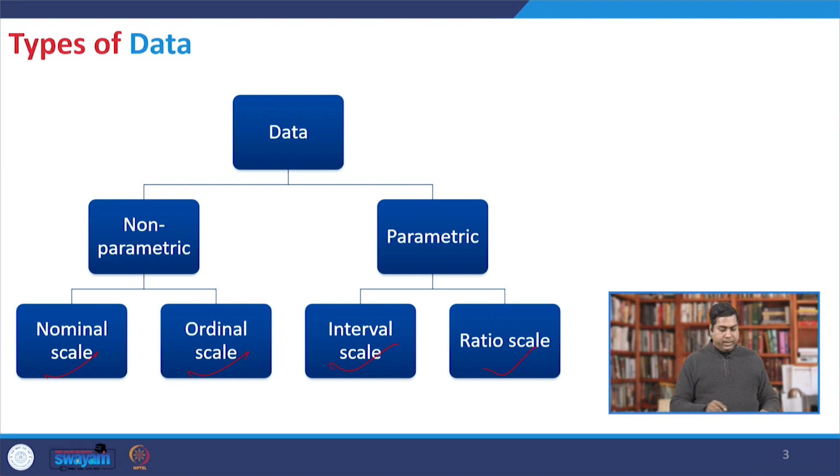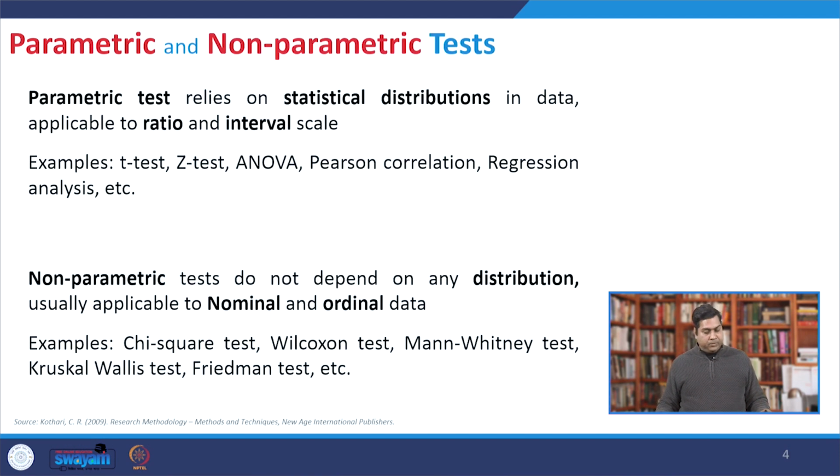So for that we will go for a non-parametric test, whereas for interval and ratio scale we can take the parametric one. So, this is the basic idea about when to perform parametric and non-parametric tests for your research.